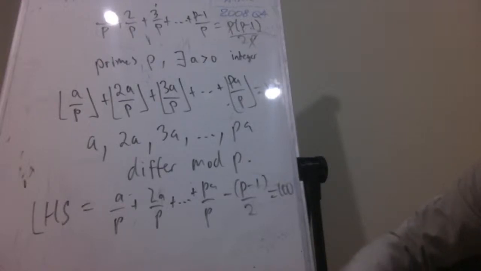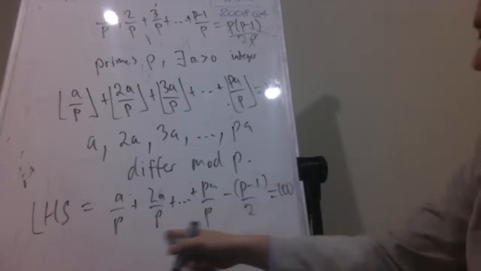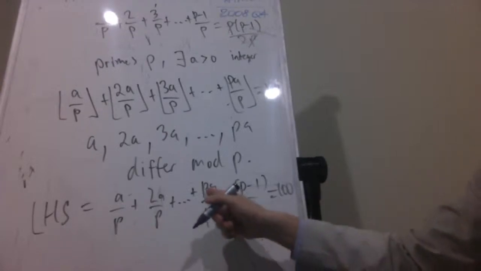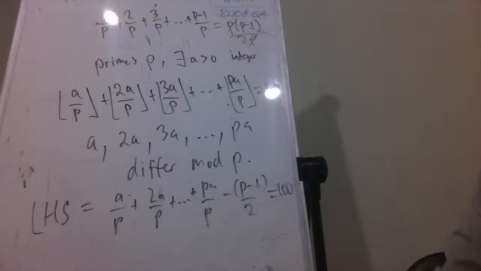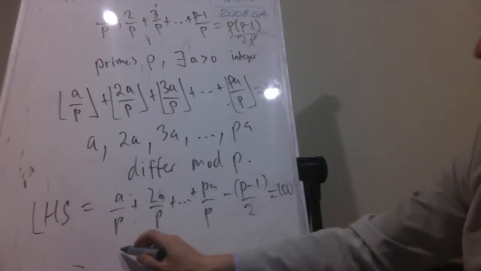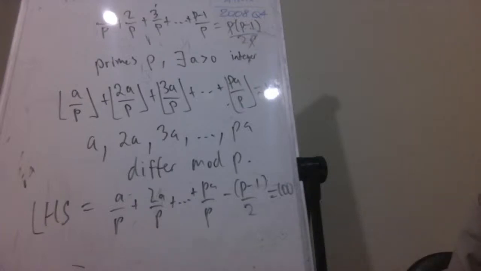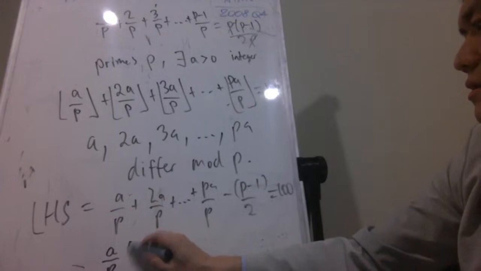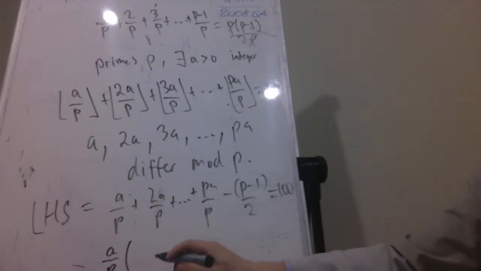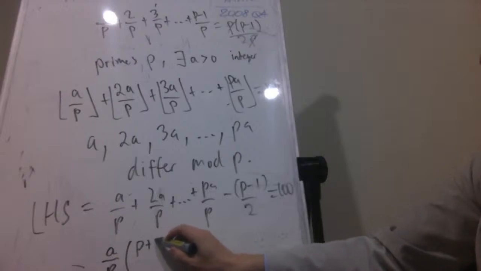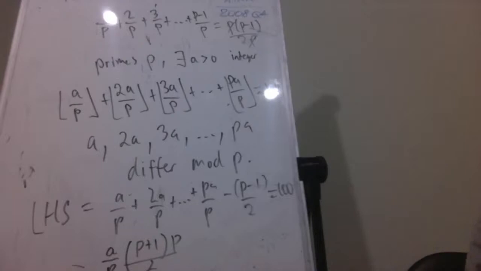Okay, so do you know how to add this up? This is the same thing, right? But it's multiplied by a, and goes up to p instead of p minus 1. So this is a over p times 1 plus 2 plus 3 plus up to p, which is p plus 1 times p over 2, right?